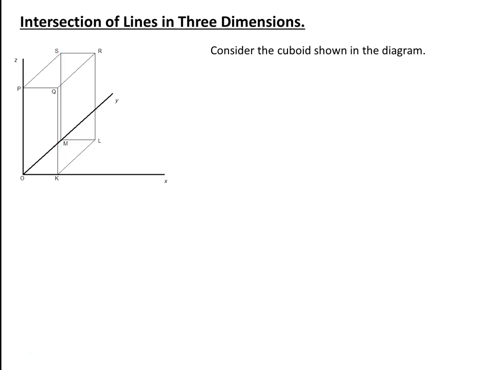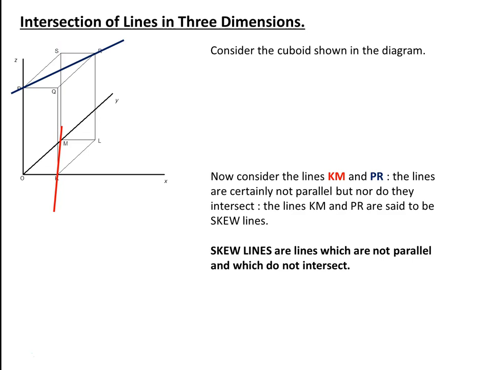And finally, for this little example, if we have the lines KM and PR, the lines are certainly not parallel to each other, but they don't intersect either.